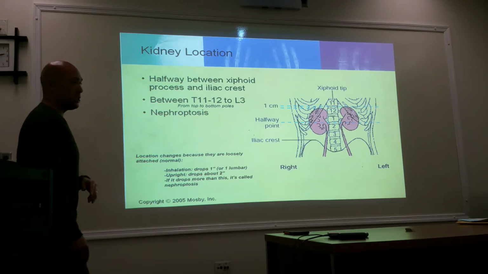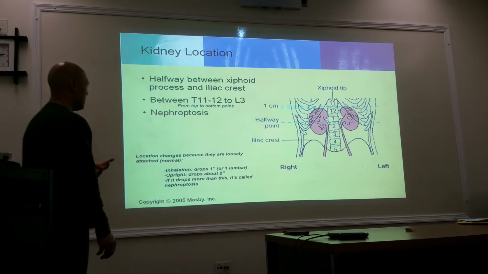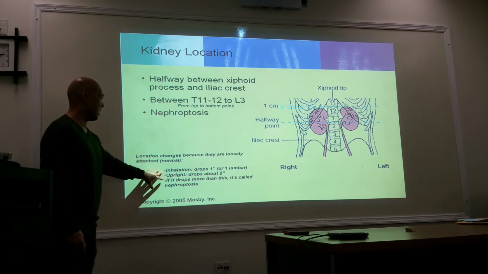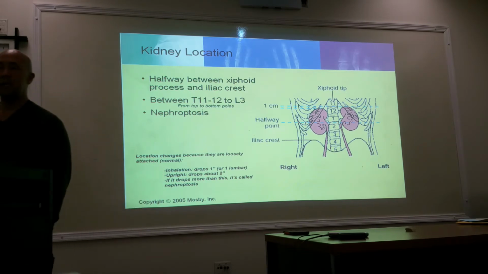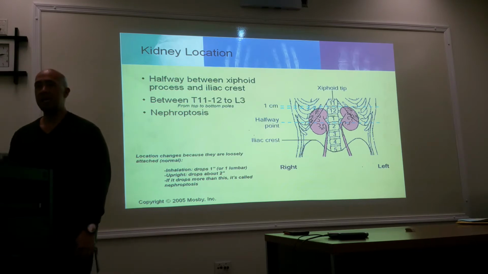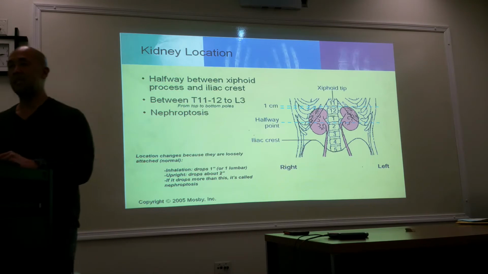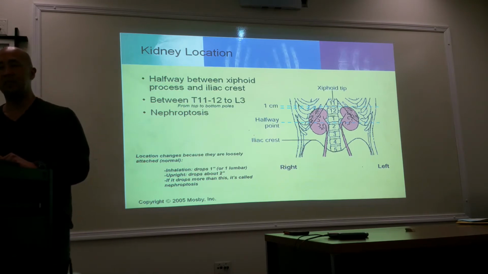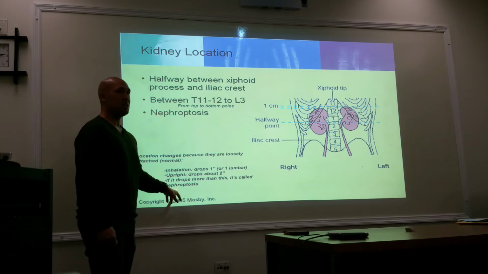So the location may change based on body habits. The kidneys are loosely anchored, so during inhalation, it drops about 1 inch, or 1 lumbar spine. If the x-rays of the abdomen are done in an upright position, it drops the kidneys 2 inches. And if it drops any more than 2 inches, then this is called nephroptosis.